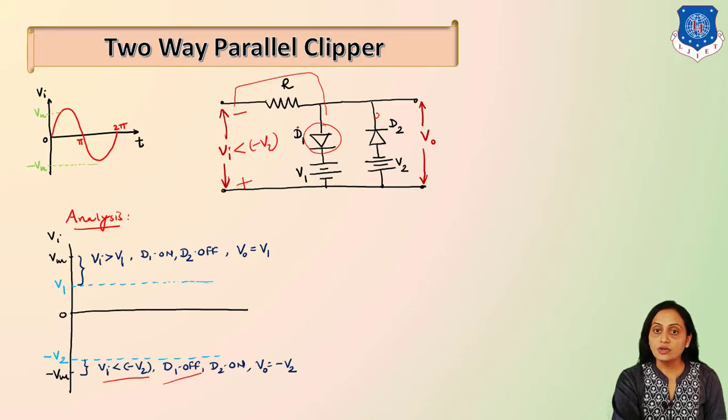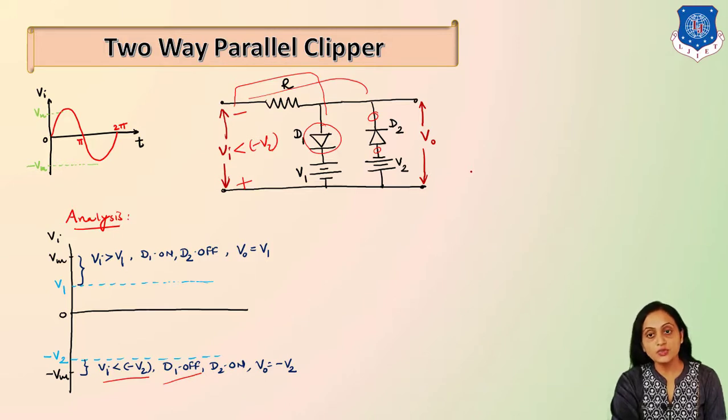The cathode terminal of diode D2 is connected to a voltage which is less than minus V2, and at the anode terminal of diode D2 we have voltage minus V2. So the cathode terminal of diode D2 is at a lesser potential than the anode, and that is why diode D2 is on. D2 will act as a short circuit, or closed switch, and D1 will act as an open switch, and that is why the output voltage will be minus V2.